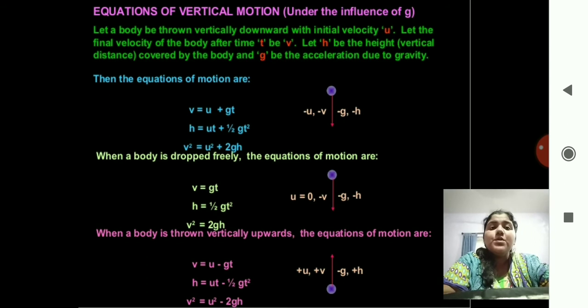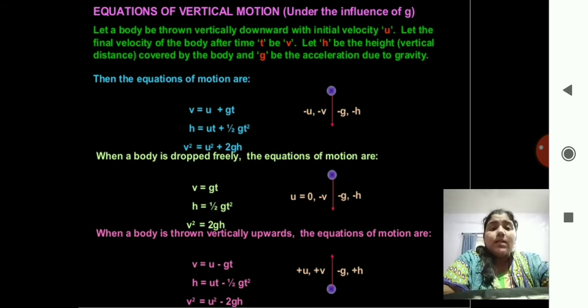Therefore the first equation will be v is equal to gt, because u, that is 0, plus gt means 0 has no value, so v is equal to gt. Next, h is equal to half gt square, because 0 into t is 0 again. Next is v square is equal to 2gh, because 0 square is 0. Therefore v square is equal to 2gh.